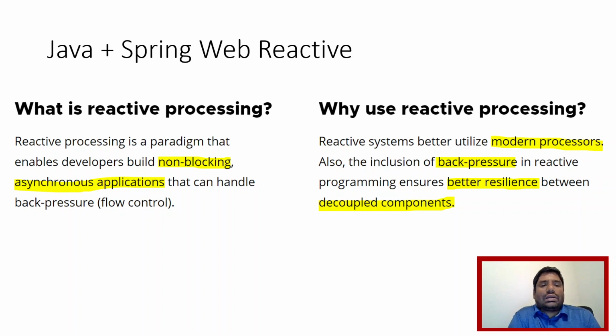So that is the advent of this model. It is a non-blocking protocol, and applications can be built asynchronously, so that you can handle back pressure. Who is handling the back pressure?